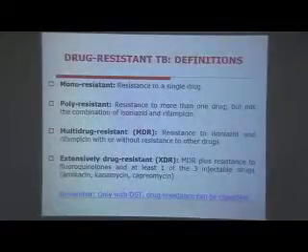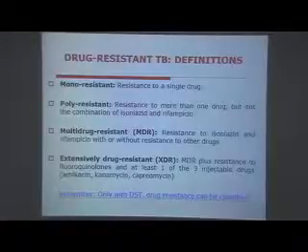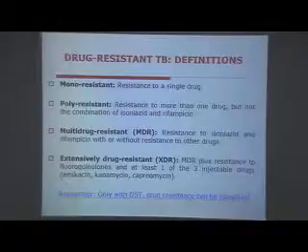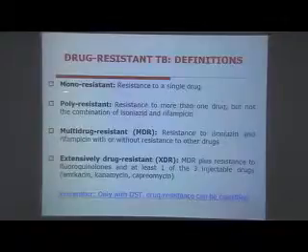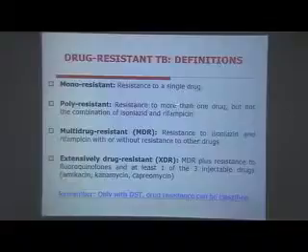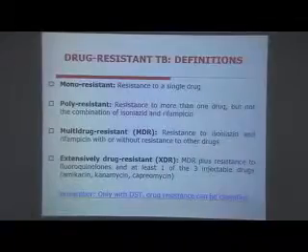So these definitions, all of you, especially the postgraduate students, should be familiar with. I think all of you know this. Monoresistance is resistance to a single primary drug, any one of the first line drugs. Polyresistance is resistance to more than one drug, but not to the combination of isoniazid and rifampicin. The patient may have resistance to 2 drugs, 3 drugs, anything, but should not be resistant to INH and rifampicin together.